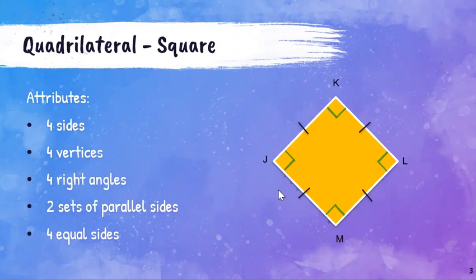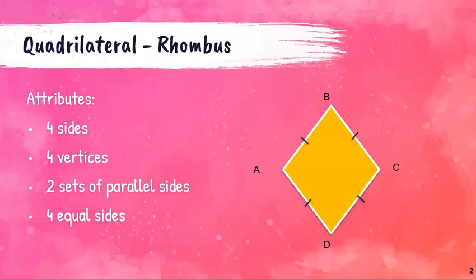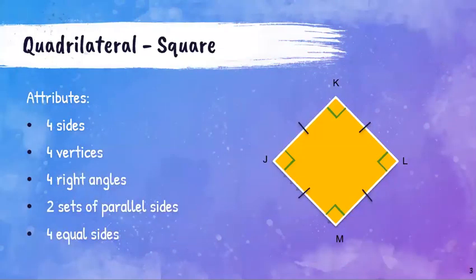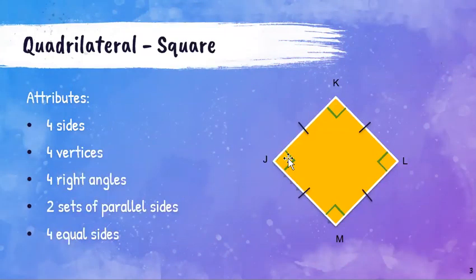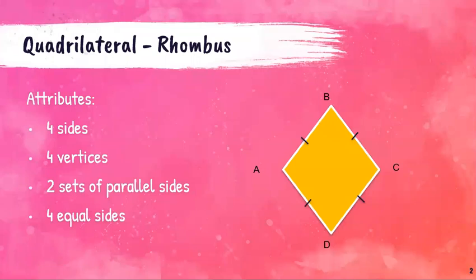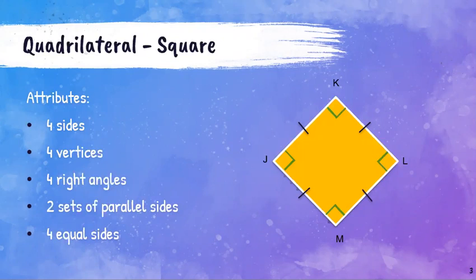So a rhombus and a square are very similar. Everything about them is the same except for the key difference of the angles, right? A square has these 90-degree angles, a rhombus does not. All right, so that is an important difference to pay attention to.